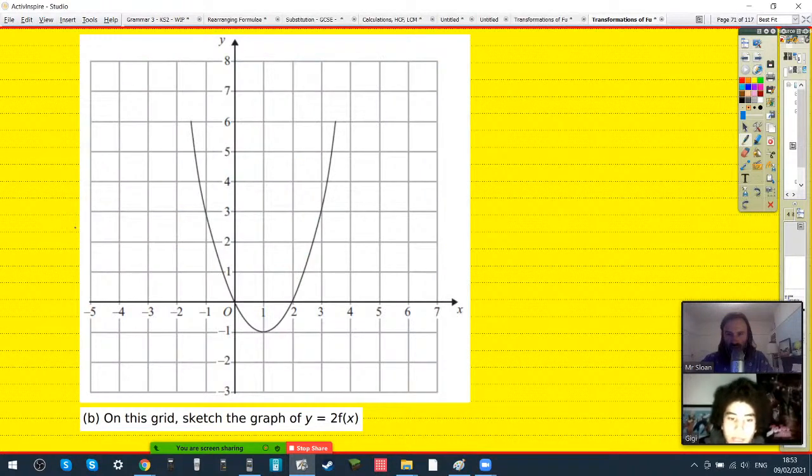Okay. So what do we have to do here? Y equals 2f(x). So 1, minus 1 would become 1, minus 2. Well done. The origin would stay the same. 0, minus 2 would become 0, 4.